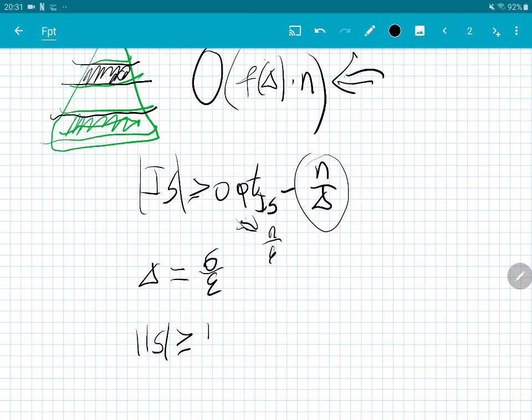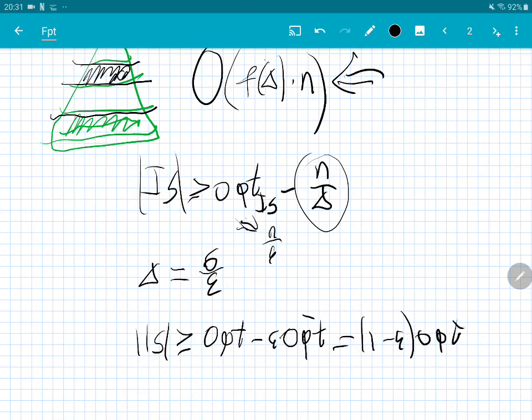So the loss is going to be at most epsilon times opt, so the size is at least opt minus epsilon opt. So we get a 1 minus epsilon approximation to the maximum size independent set.